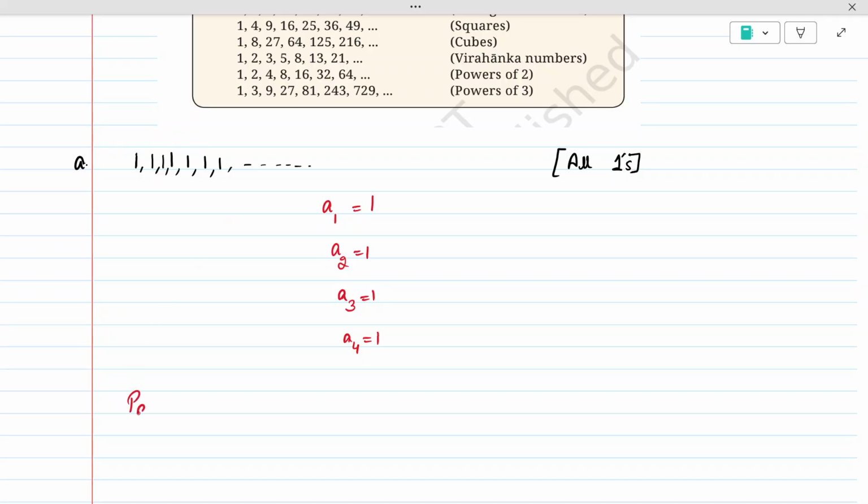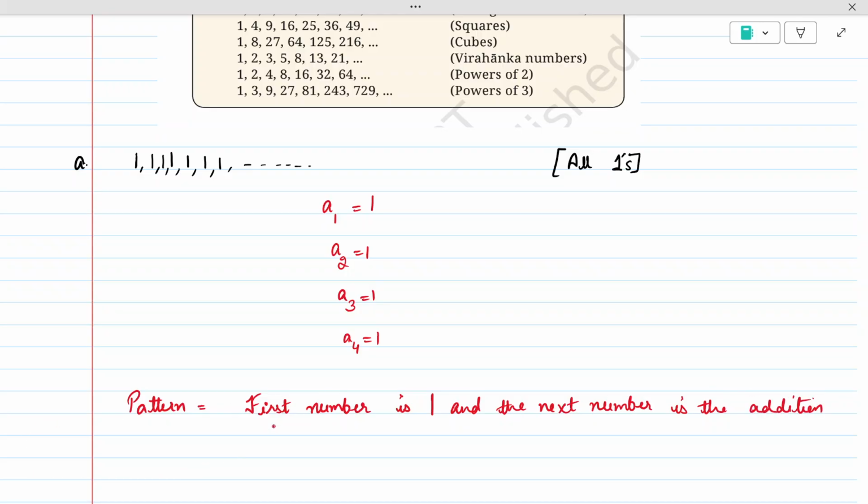So I am writing pattern here. Let us see. So kids, we can see that the first number is 1 here, and the next number is the addition of 0 and the first number.